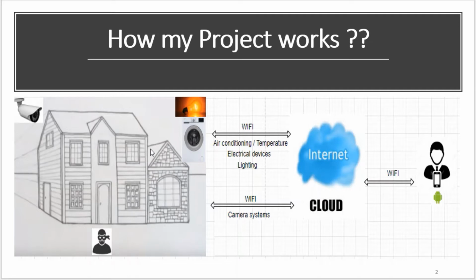So our house connects with a Wi-Fi connection to the internet, and at the same time the house is connected to the camera by Wi-Fi. After connecting to Wi-Fi, the Wi-Fi is connected to the Android application that will be used here.